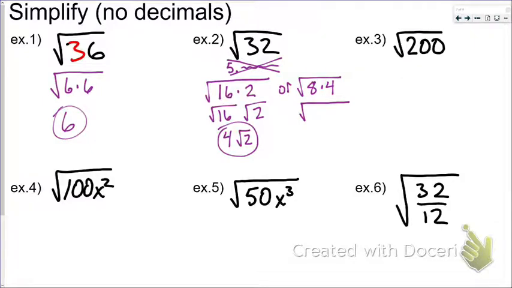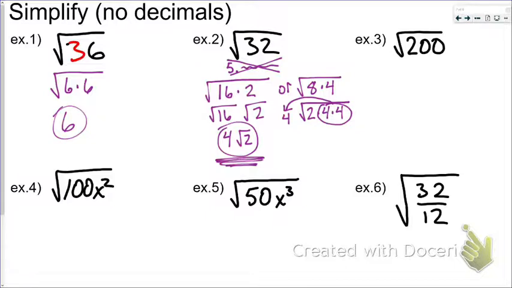So back over here to the right, if I do 8 and 4, now I need to break that down to this. And since I have a pair of 4s, that comes out as just a 4. Or you could read it as 16 times 2, like I have on the left. Either way, the final answer is 4 square root of 2.